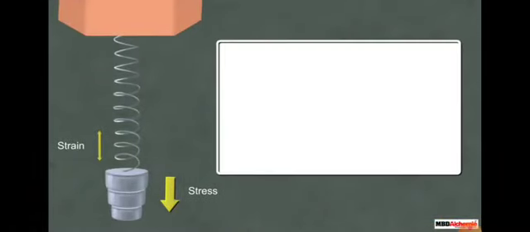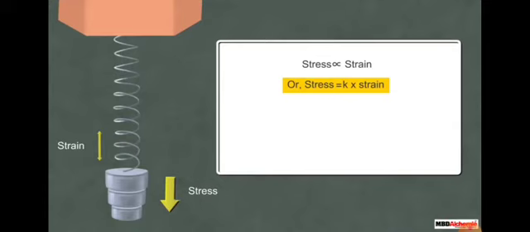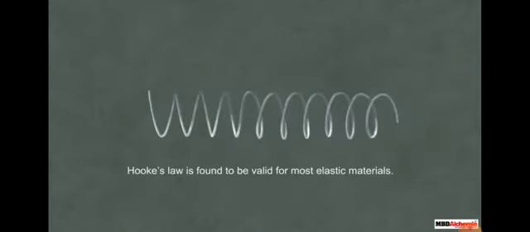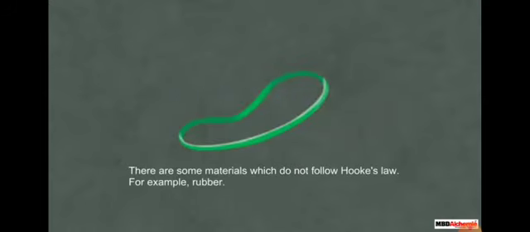Thus, stress is proportional to strain, or stress is equal to K into strain, where K is a proportionality constant known as the modulus of elasticity. Hooke's law is found to be valid for most elastic materials, though there are some materials which do not follow this law.